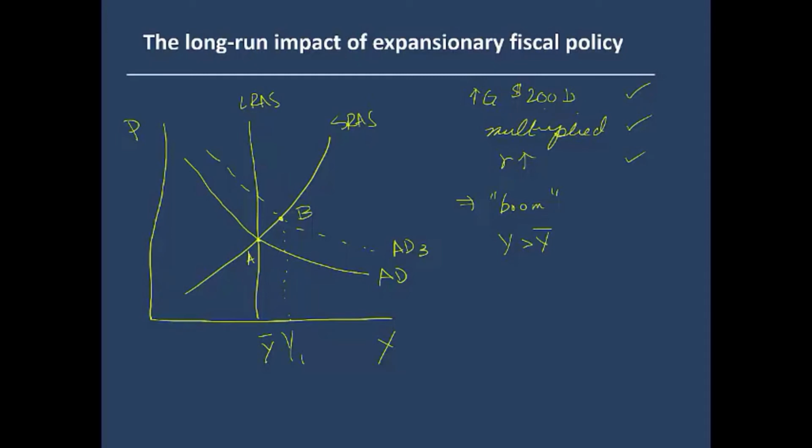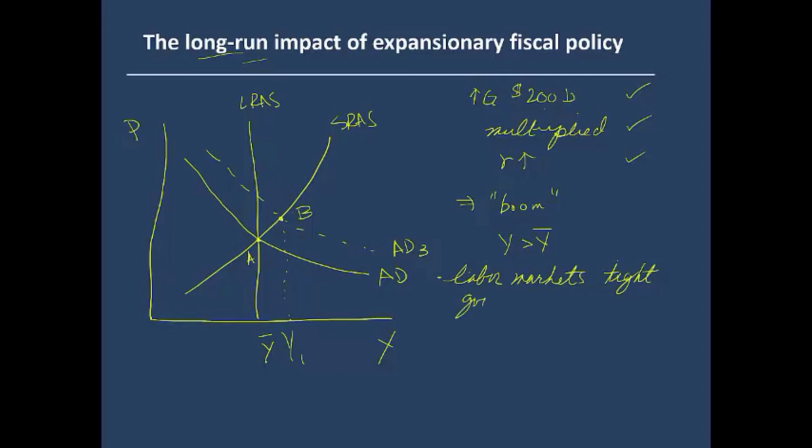As we go above potential output, now what we want to start to talk about is the transition to the long run. We know what happens when we have a positive aggregate demand shock that pushes us above potential output because we have tight labor markets. We have labor markets that are tight because we have firms producing above capacity.